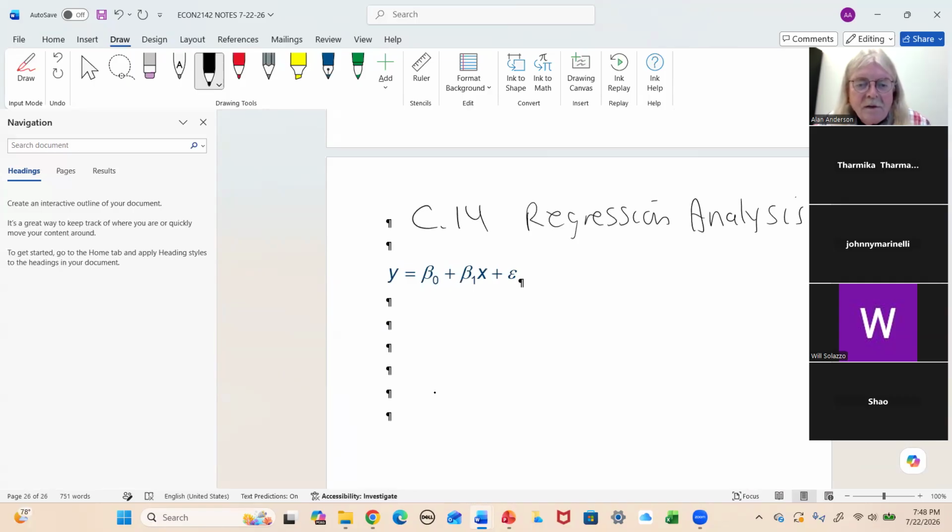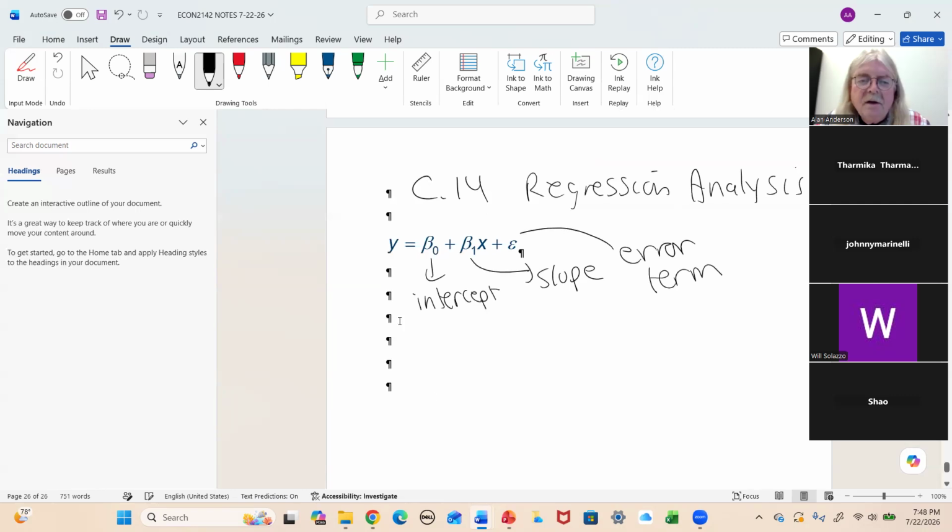Now, what are these terms? Well, this is the intercept, and this is the slope. Okay. Now, this is the error term, which is something you don't normally see because all the points in our data set are not perfectly related to each other.